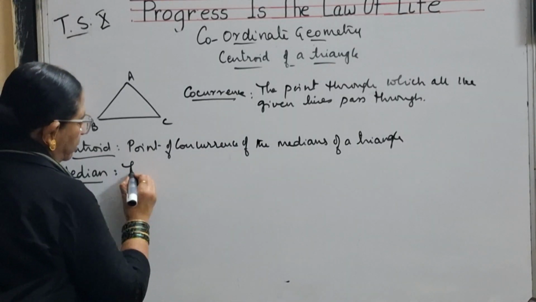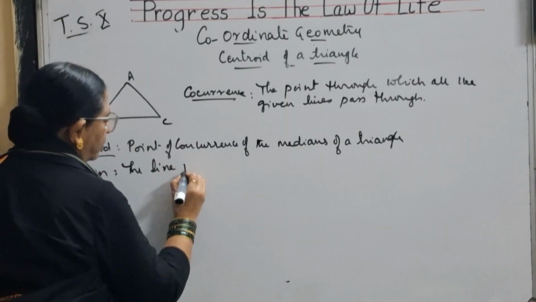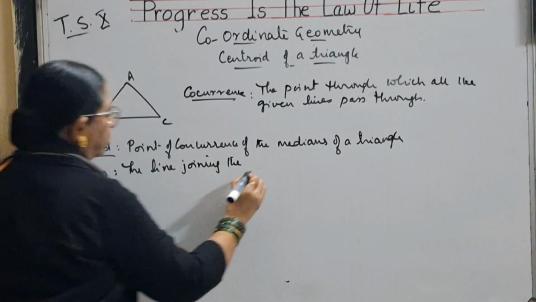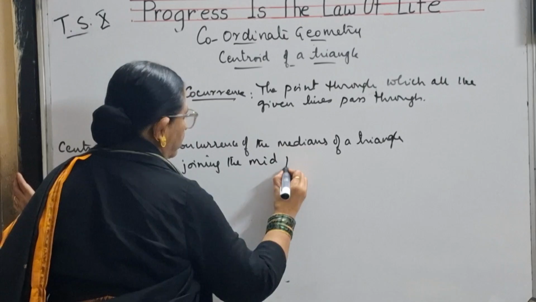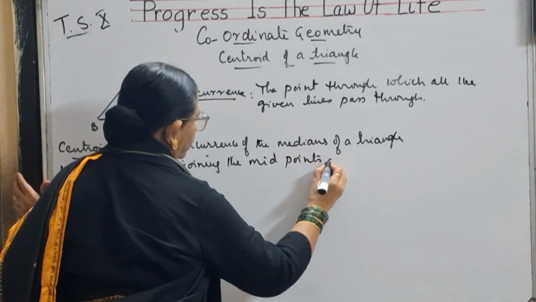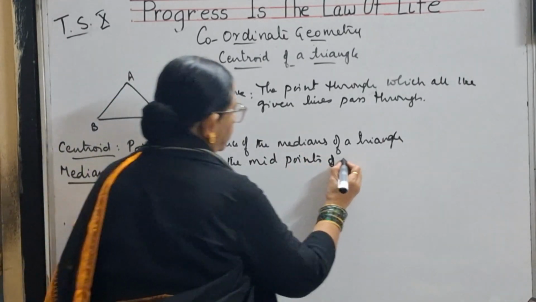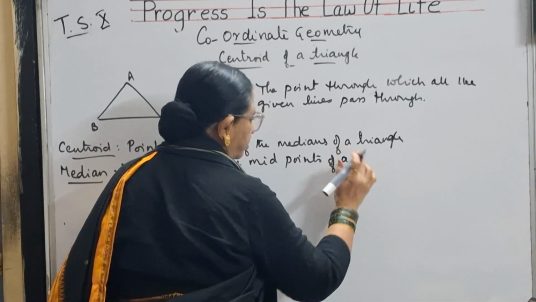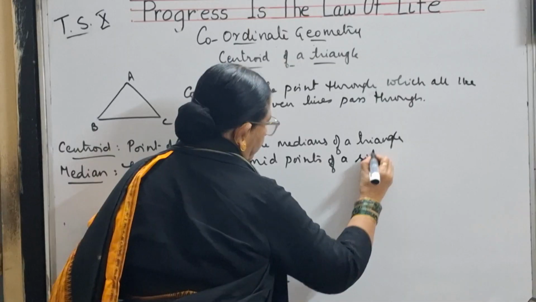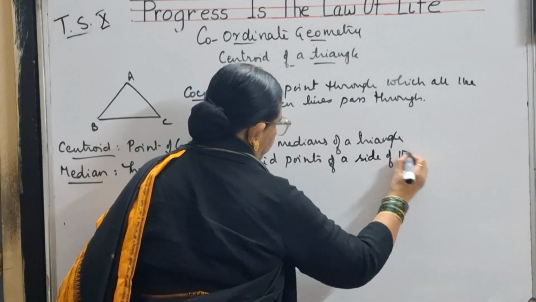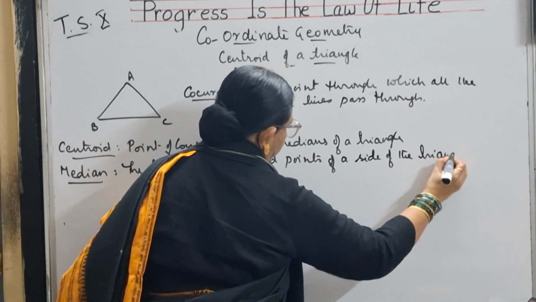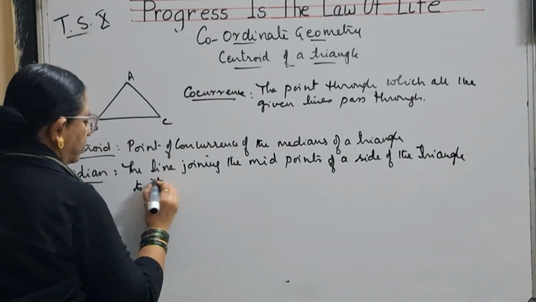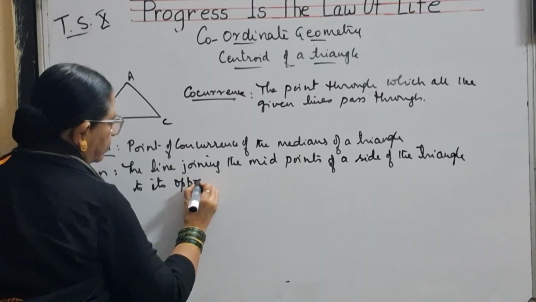Median means the line joining the midpoint of a side of the triangle to its opposite vertex.